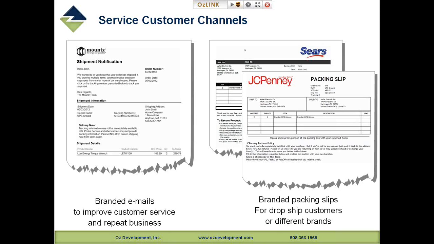So if you're shipping on behalf of a large retailer, often they'll mandate that brand, and that look really makes the consumer comfortable that where they put their credit card in and made that order is, in fact, whether it's JCPenney, Sears, what have you. And being able to streamline and automate this based on that import channel and getting it right becomes obviously very important for that customer relationship.